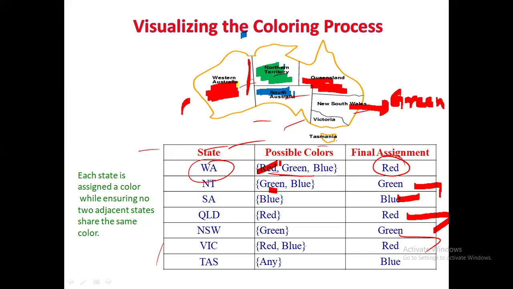Next, Victoria. If you are going into Victoria, what is the remaining color? Here it is blue, here it is green, and what is the remaining color? Red only, we have to use it. Victoria is adjacent to SA and NSW.